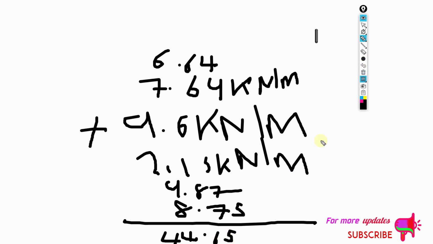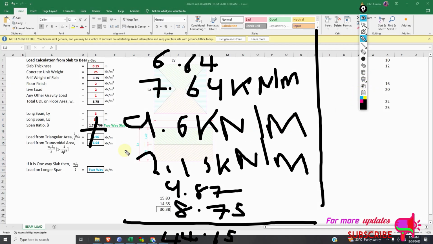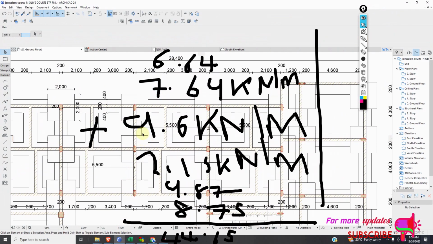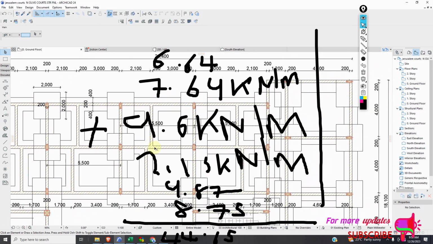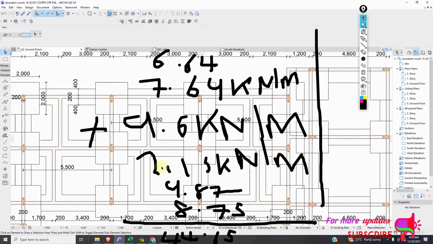That is without the load from these secondary beams. So our secondary beams will still have load. Let's say they still have partition load. So we still have a distributed load of the summation of this, that is 9.6 plus 2.15.